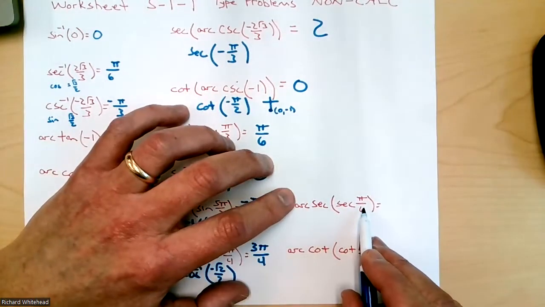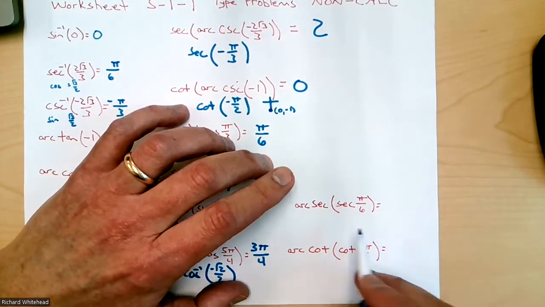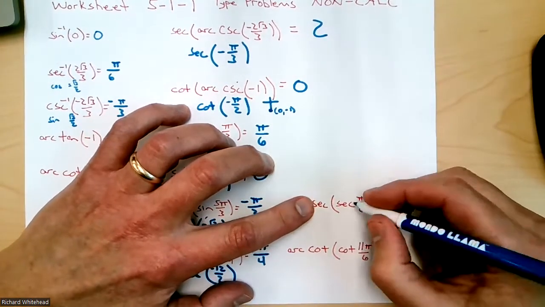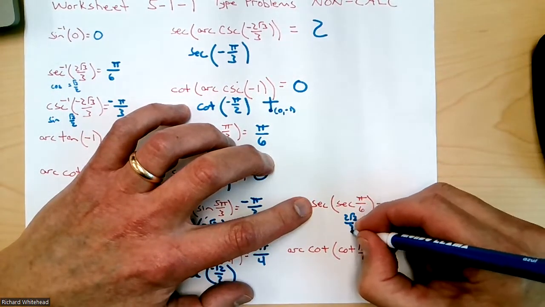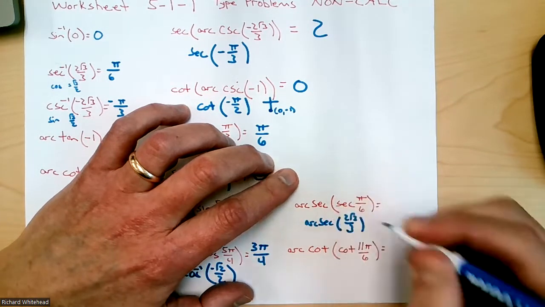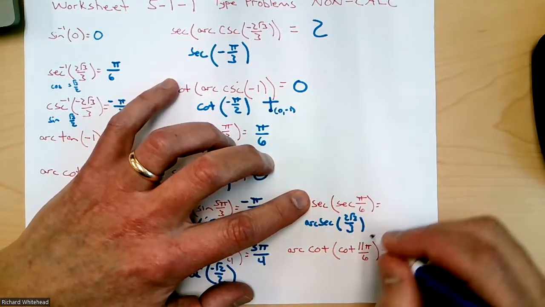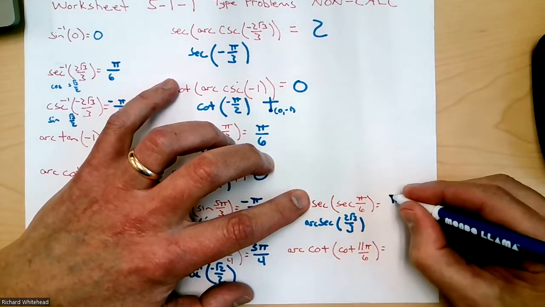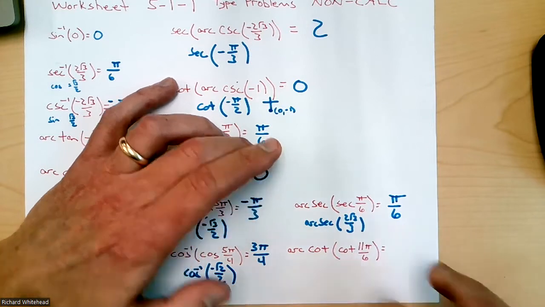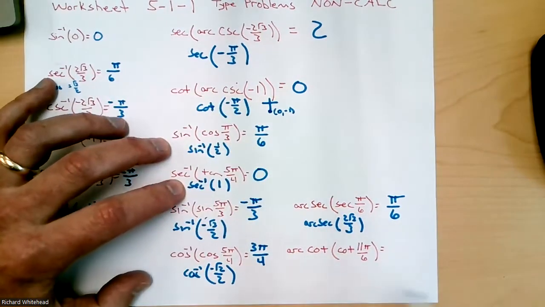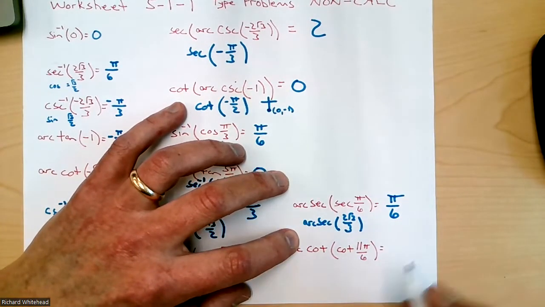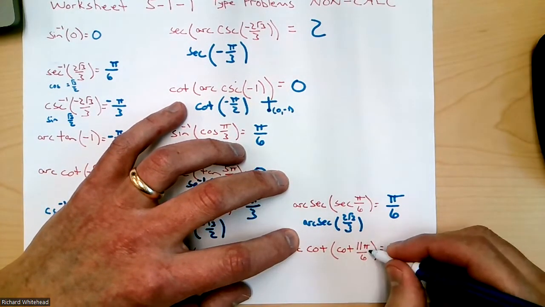Over here, this one actually does straight up cancel, because what's the secant of pi over 6? That's 2 root 3 over 3. And then arc secant, what angle has a secant of 2 root 3 over 3? That is pi over 6. So that one did just straight up cancel, but we can't just rely on that because there are all these cases where it doesn't, like cotan of 11 pi over 6.